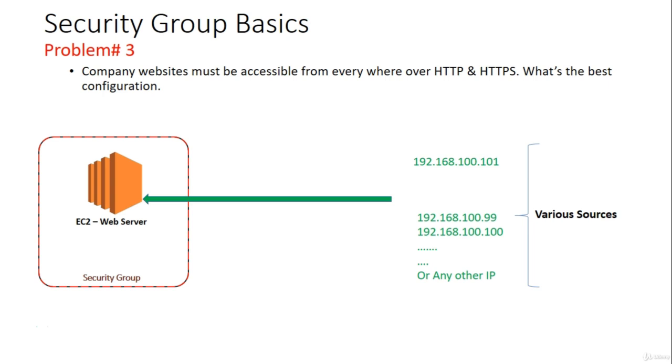What's the best security group configuration? So here you can see your web server hosting your company website, and maybe other websites as well. And now you want them to be accessible from anywhere over the network. Everything is green, which means everything should be allowed in. So what's the solution for this?